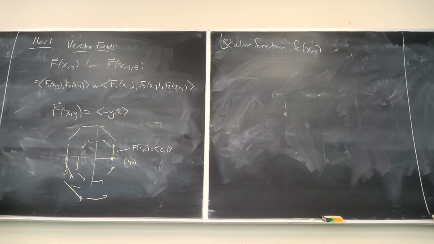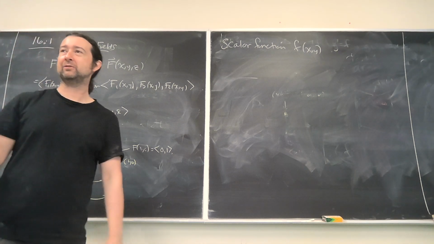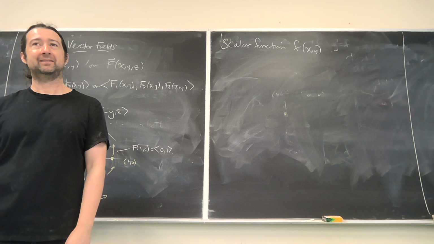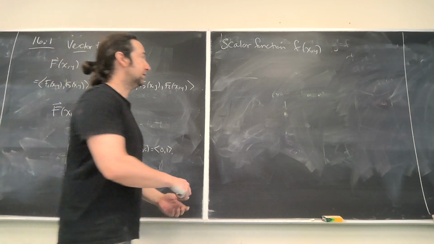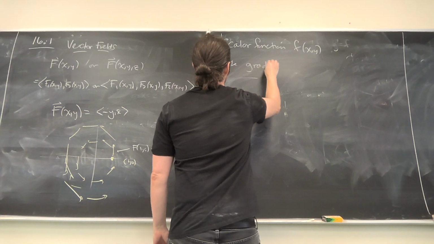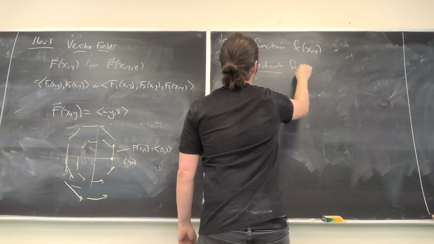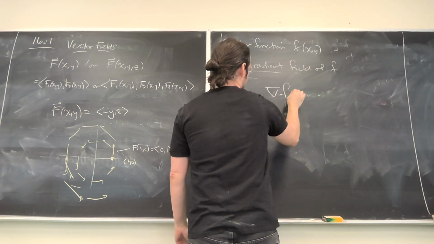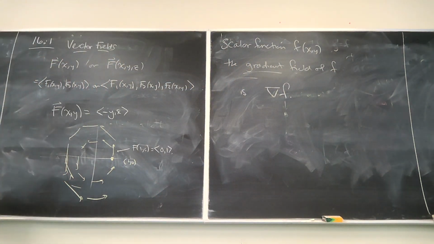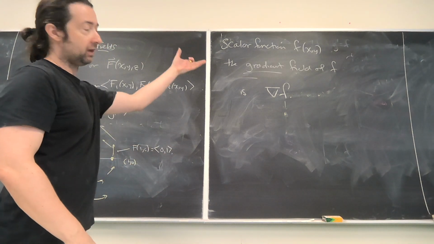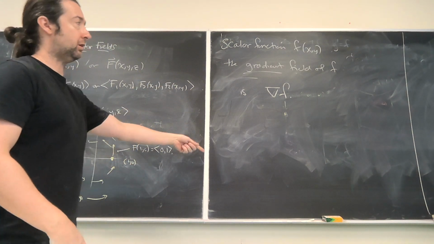It's an operation we already know to turn a function into vectors. Gradient will do it, right? So this is what we call the gradient field of f, grad f. Scalar functions have sort of a built-in vector field, presuming that they have enough regularity to be differentiated. So every scalar function induces a vector field called its gradient field.